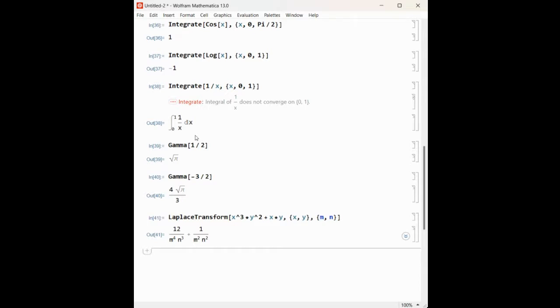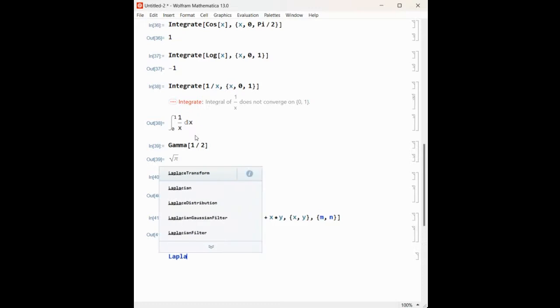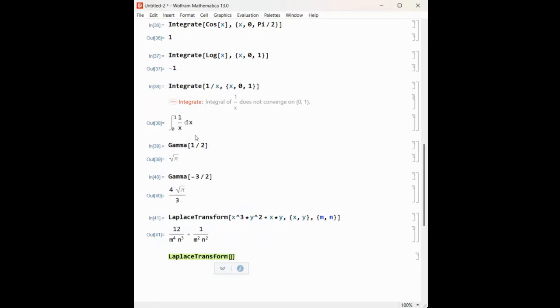I'm sure we didn't even teach our students this one, because this one is going to be long, even to evaluate this Laplace transform of two variables. But for one variable, they all should know. This one we taught in class, so you can just quickly confirm what you know before.